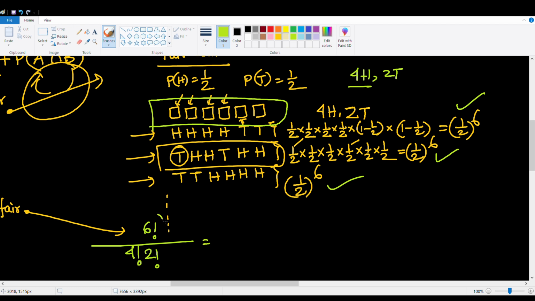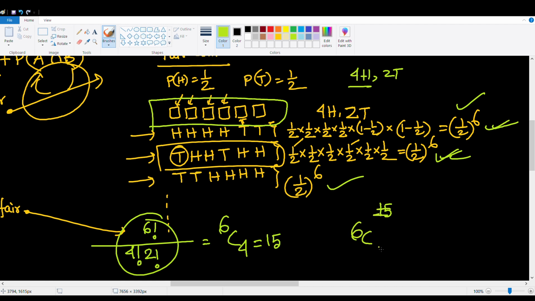Now this is equivalent to 6C4, right? So there are 6C4, which means 15 cases. If you calculate 6C4, you will get 15. So there are 15 cases where the probability of each case is half to the power 6. So we are going to add 15 half to the power 6s to get our final probability.